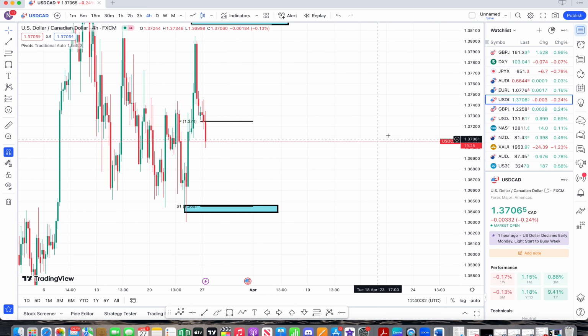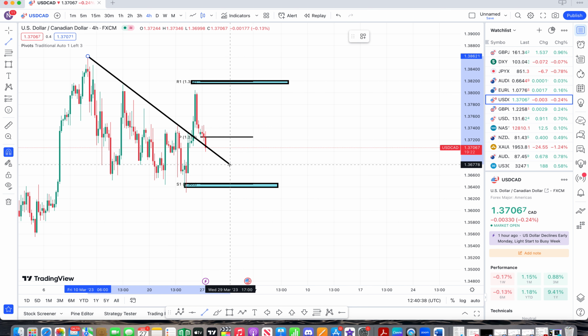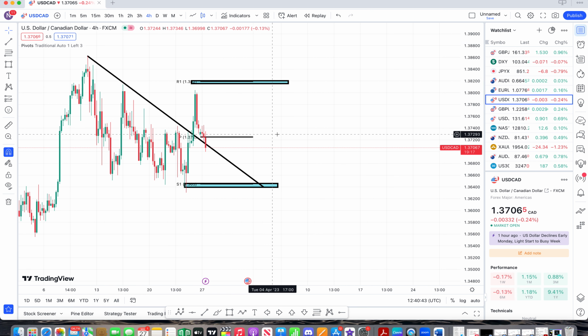And to help guide you a lot better on what can possibly happen, I like to take trend lines on top of that. All right, so now you know that this is a possible pivot. It broke above the pivot point, came to the first resistance, got rejected.